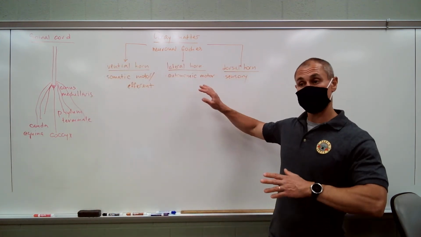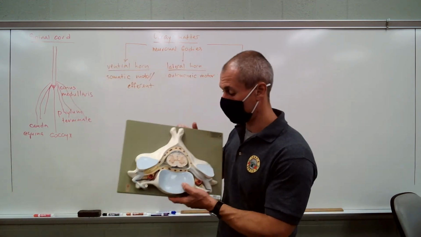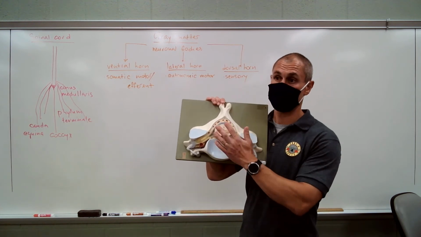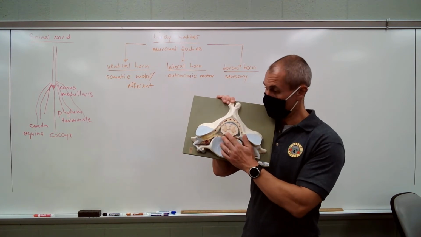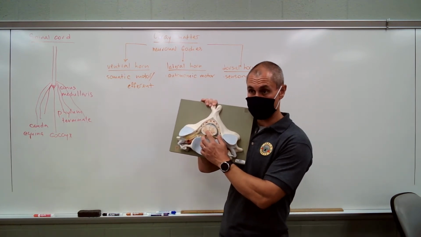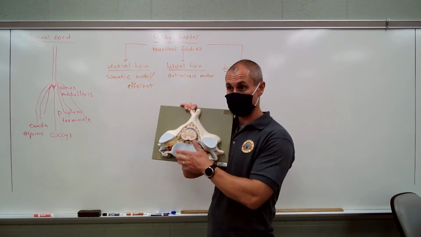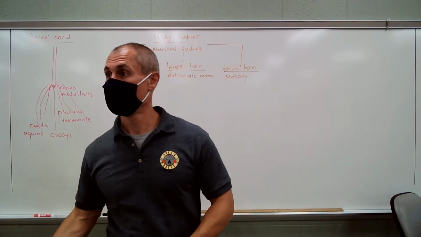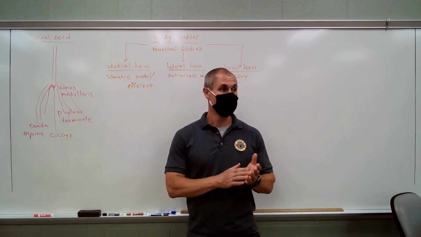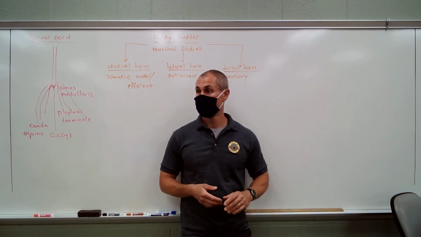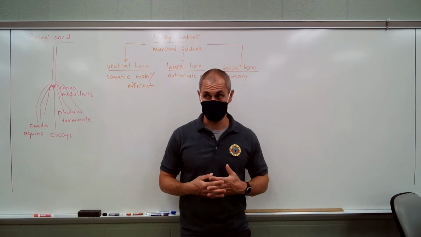So we figured out gray matter. Now we're going to figure out the white matter. Anatomically, this part is called funiculi. So you have, obviously, dorsal funiculus, lateral funiculus, and ventral funiculus. So ventral, lateral, dorsal. But within those funiculi, we actually have what are called neuronal tracts or pathways.